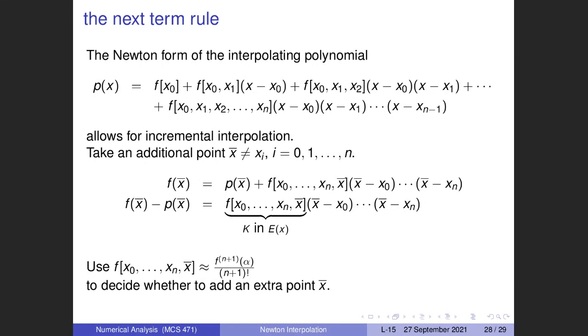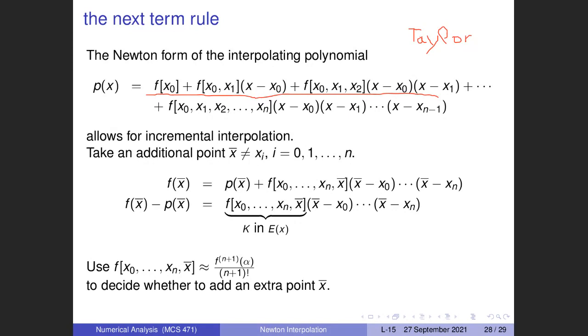I'm writing here the Newton interpolating polynomial again. And at this point, I should say that this very much resembles Taylor. Taylor uses derivatives, and the Taylor expansion of a function takes exactly that same form here. So you could interpret the Newton form as an approximation for the Taylor series.